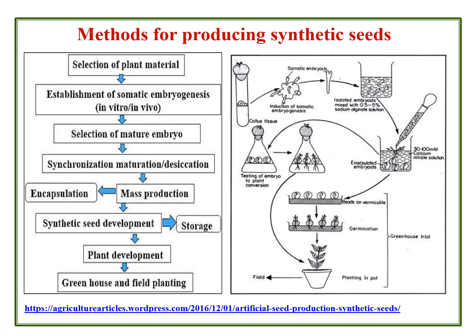The somatic embryos are isolated from embryogenesis and mixed with a 0.5 to 5% sodium alginate solution, and then slowly 30 to 100 millimolar calcium nitrate solution is added to form bead-like structures around the embryonic structures. That forms the encapsulation, because hydrophobic and hydrophilic environments will be there.